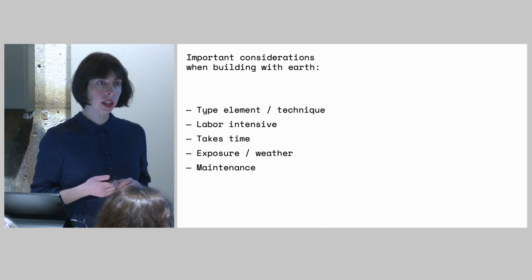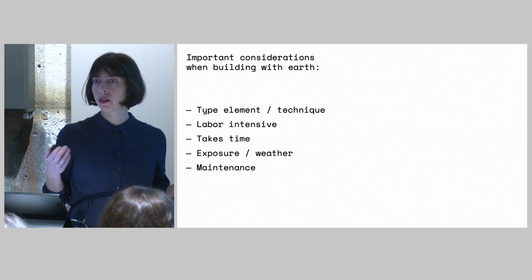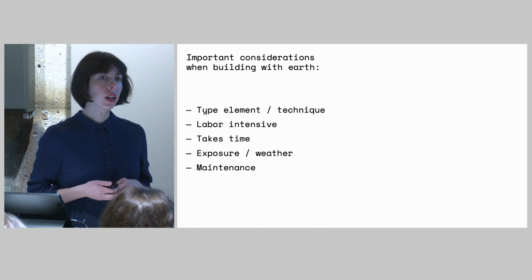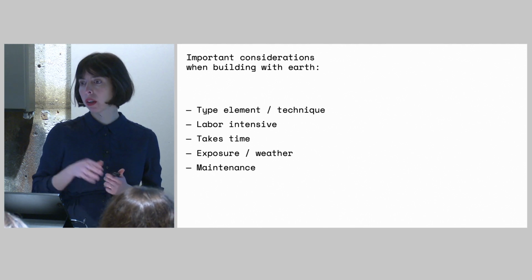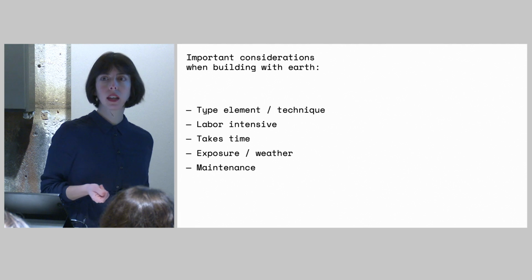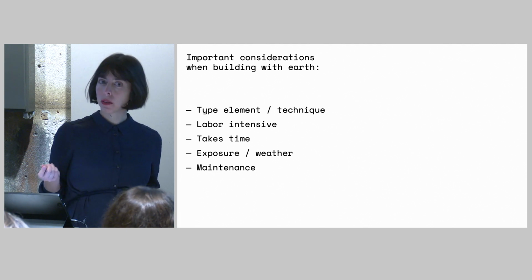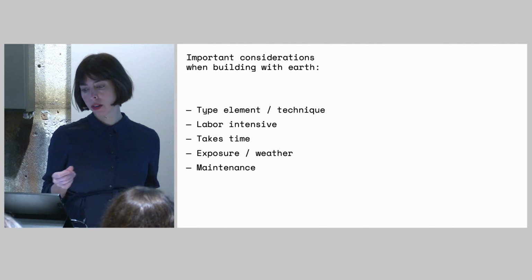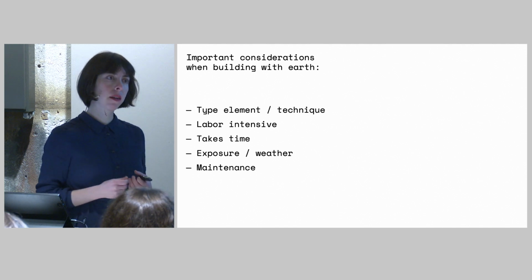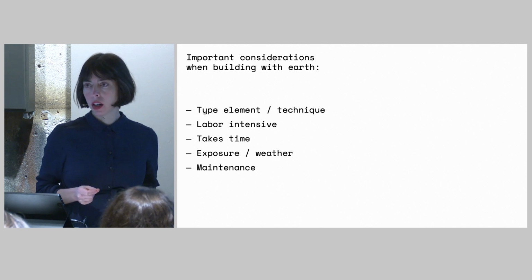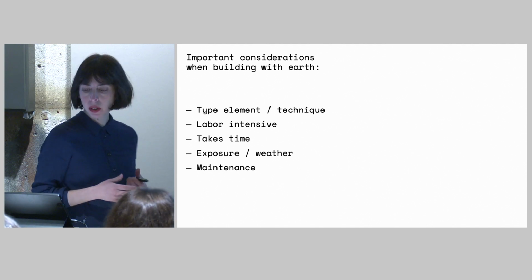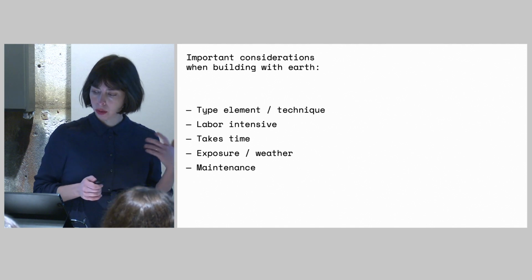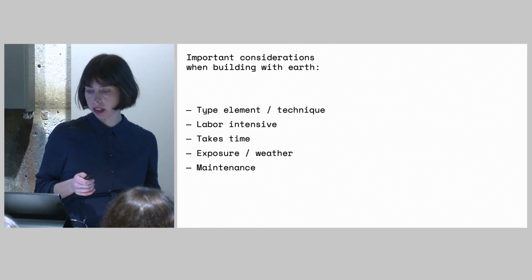It tends to take a little bit of time because of its relationship to water. With Portland cement, you have a chemical reaction that occurs really quickly. With lime, it's a similar reaction that occurs more slowly, but with clay we don't have that chemical reaction. It's a mechanical reaction, so it takes time for things to stabilize and harden.